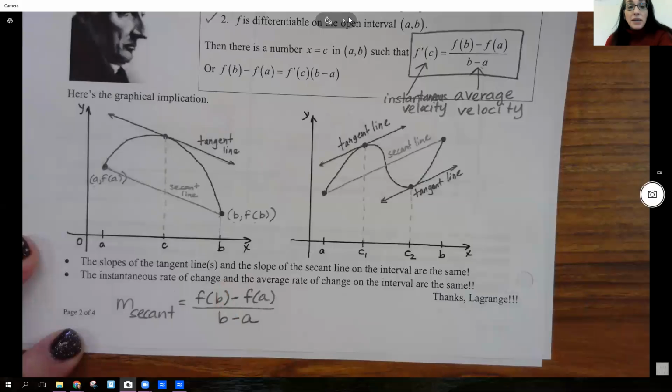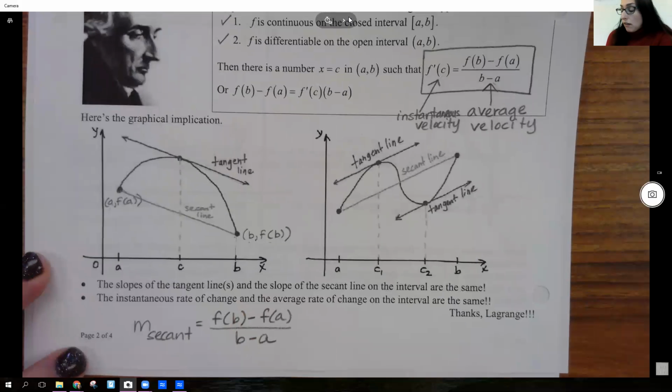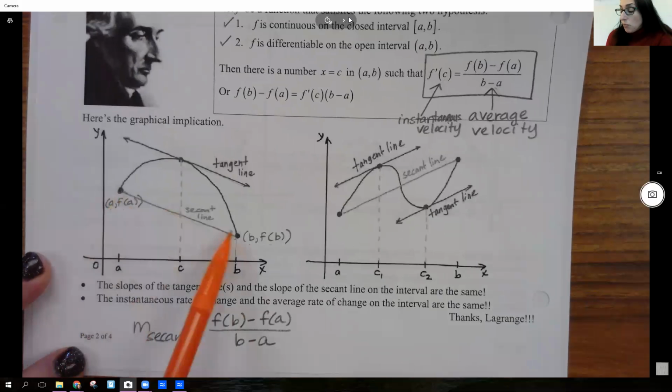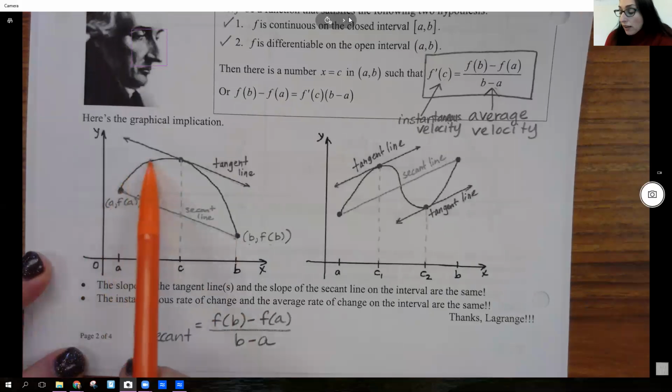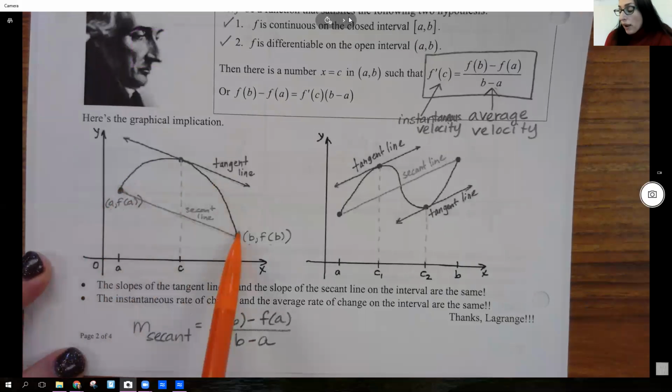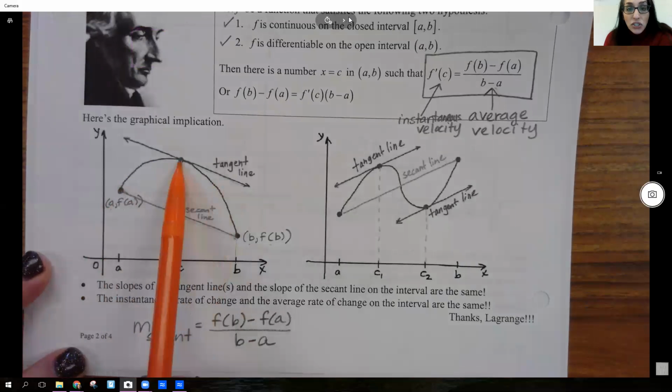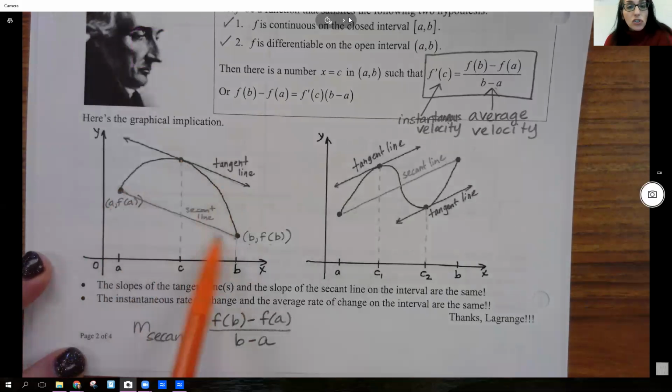So mean value theorem is saying, all right, if I take these 2 points and I find the slope of the line that I would get when you connect those points, there's gotta be a spot somewhere on this curve where the slope of the tangent line is gonna be exactly identical to the slope of this line, okay?